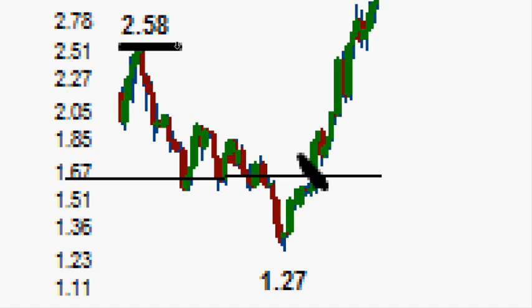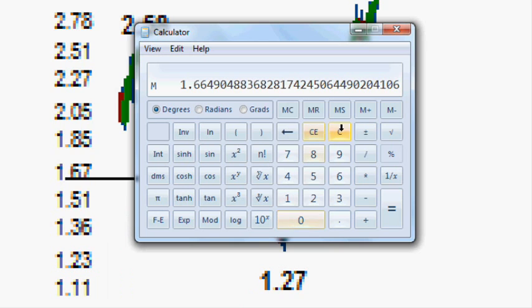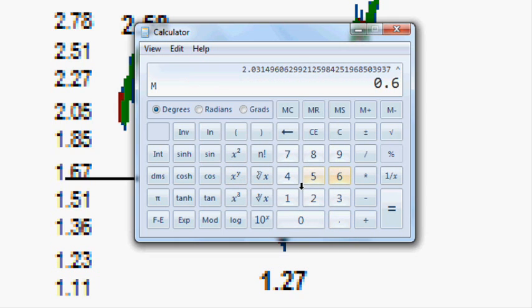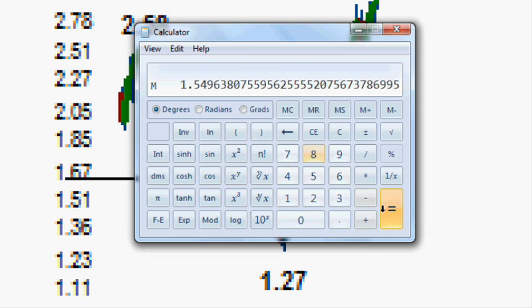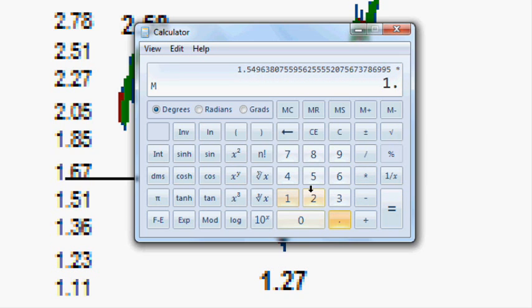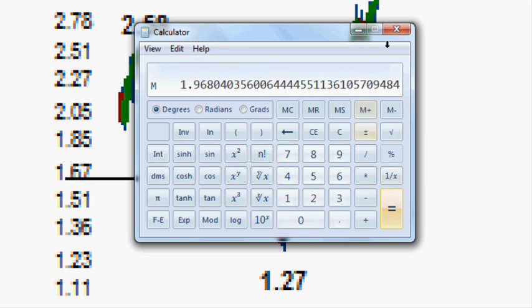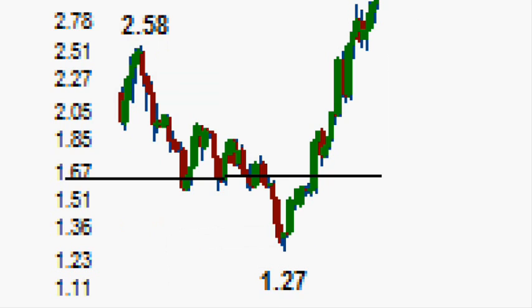In this case, going from $2.58 to $1.27 would be considered going lower. The 61.8% of that move is very critical. Therefore, we'll bring back the number which is a 2-time difference, put it to the power of 61.8% and multiply it by the low, then that gets you a mark of around $1.97, which would be somewhere in the area of here.